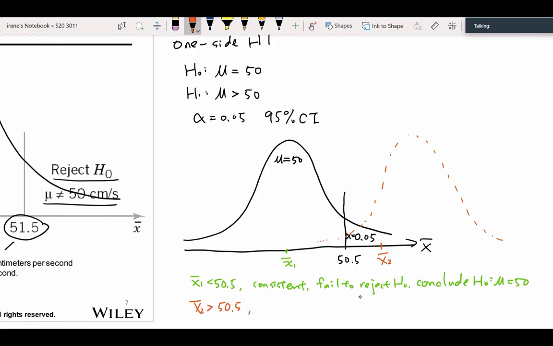So my sample information is inconsistent with my null hypothesis. As a conclusion, we have to reject the null hypothesis and conclude H1, that my new population mean is greater than 50. The procedure is exactly the same, but pay attention to how you set up your alternative hypothesis.